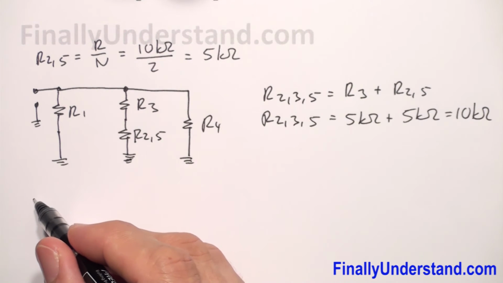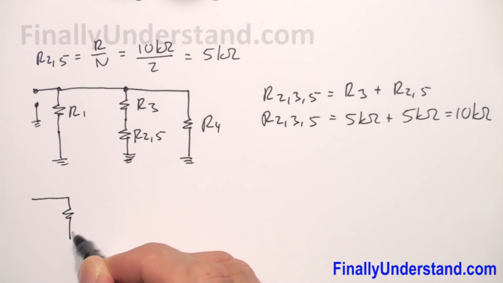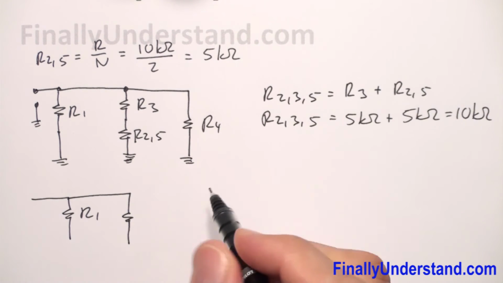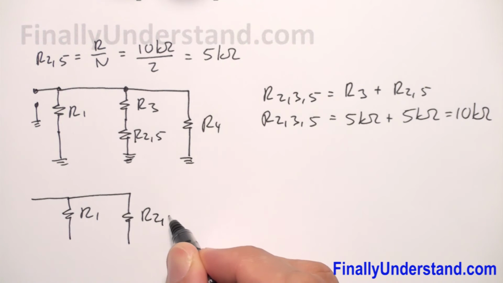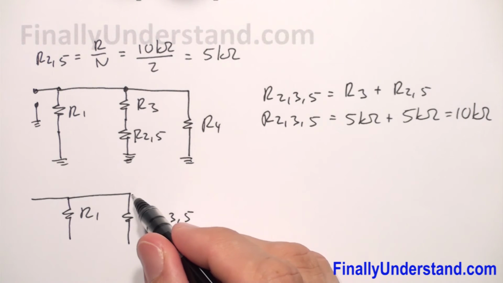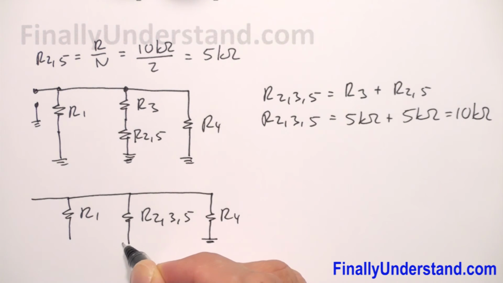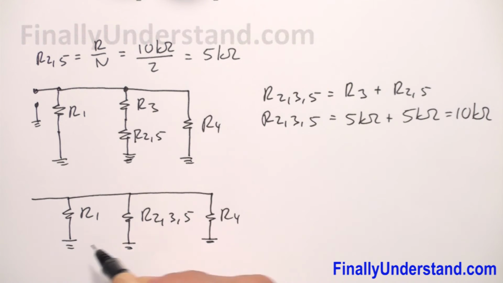We have resistance R1, we have resistance R2,3,5, and we have resistance R4. Now you can see that these three resistors are in parallel.